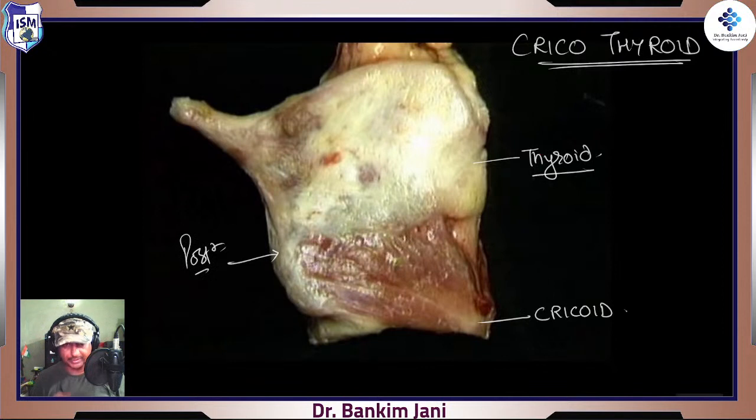But there is a joint, the cricothyroid joint, which is formed by the lesser cornu. Now we are adding the muscle over here.